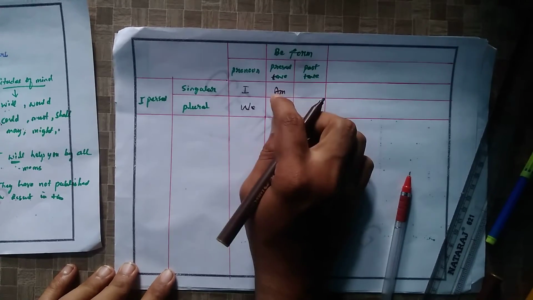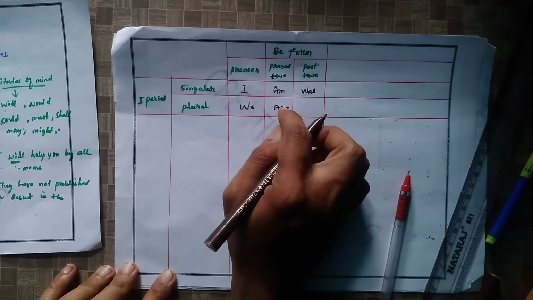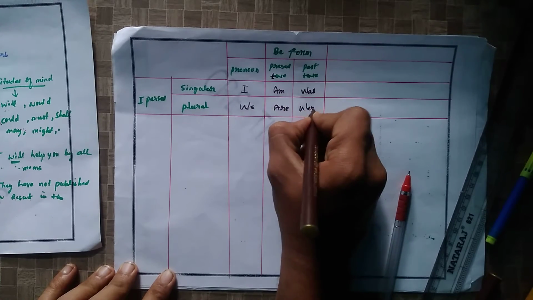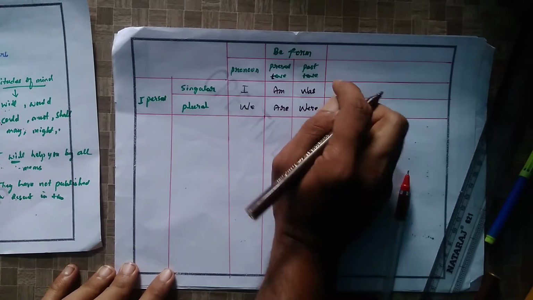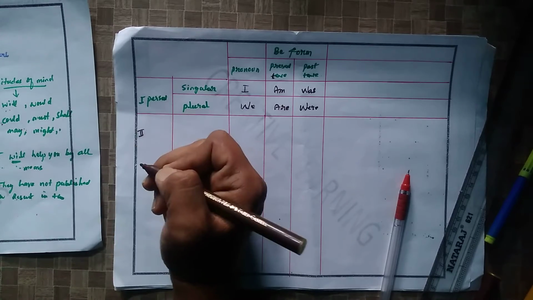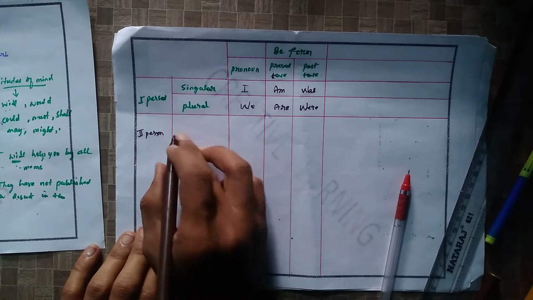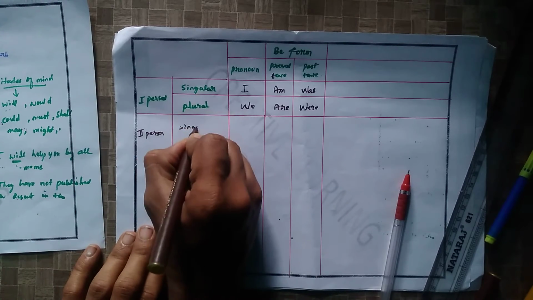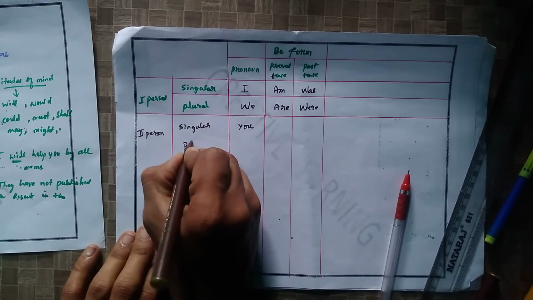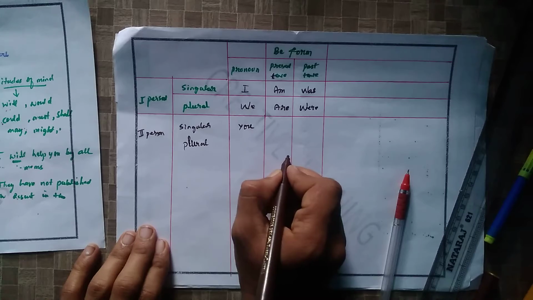Next, in past, am will become was, and in past tense, are will become were. Next, for second person singular, in order to represent the second person we use the pronoun you, and for plural we use you.